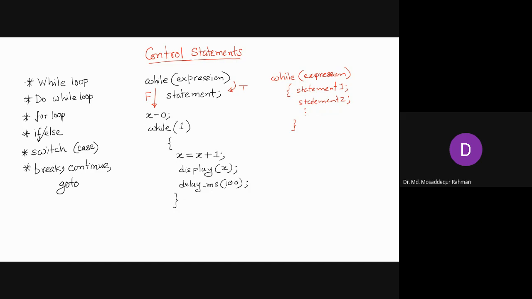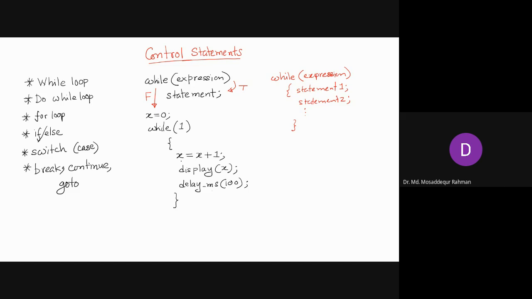So we have written a small program using the while statement, while 1. One is always true, and we're not changing this value. So it is always true, and this control statement will keep on executing this set of instructions as long as the power is on.